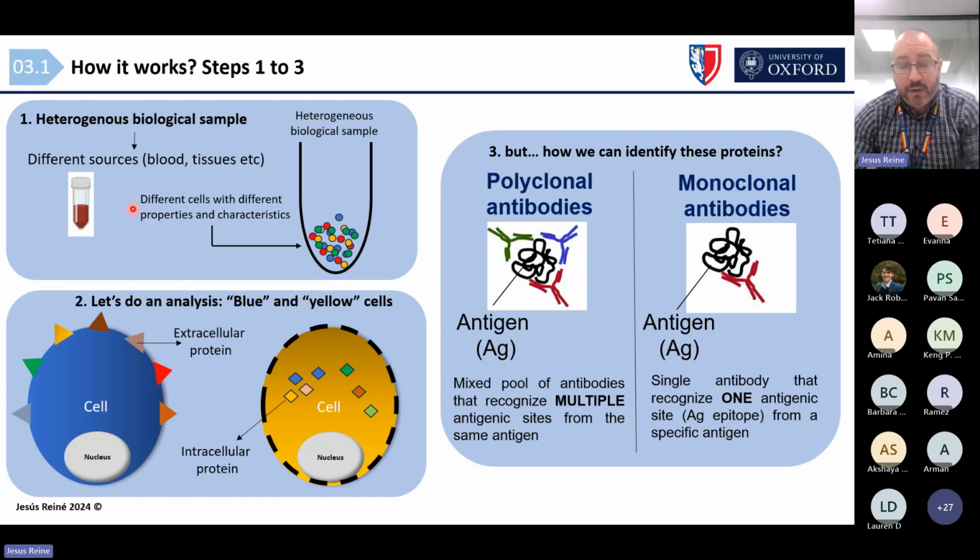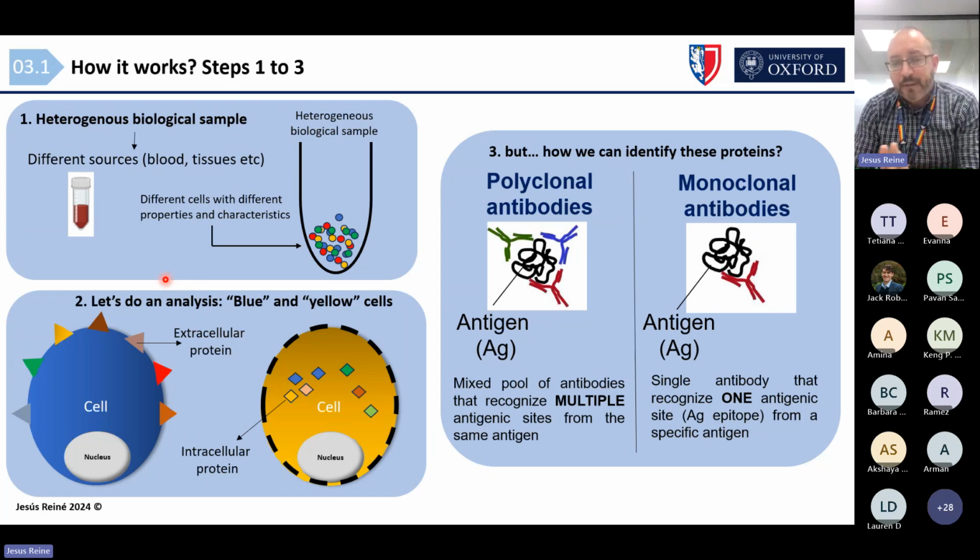And as you already know, these samples are composed of many cells. Immunological cells have different properties and characteristics. So here, we explain that all these samples are composed of different kinds of cells. We represent this difference with different colors.